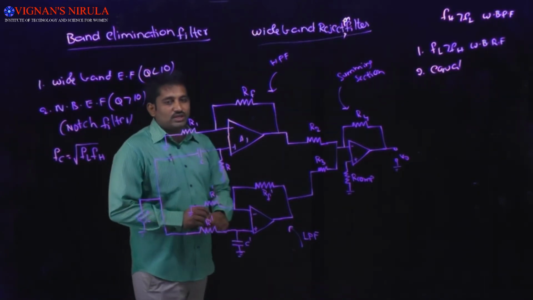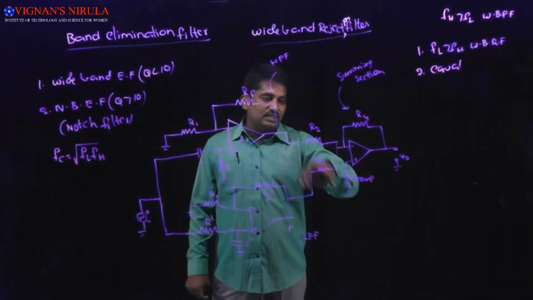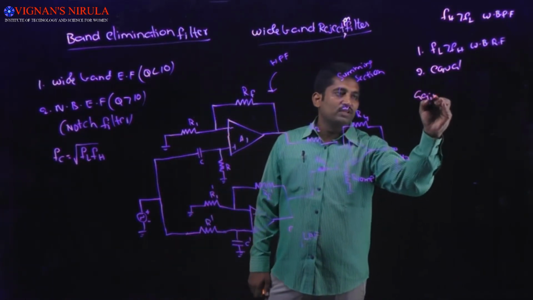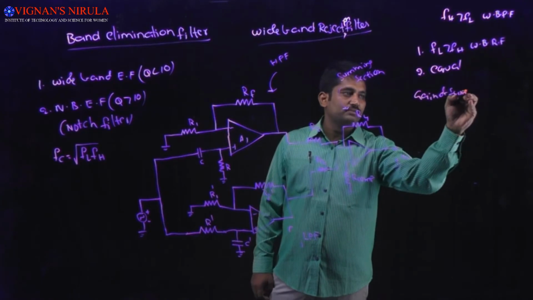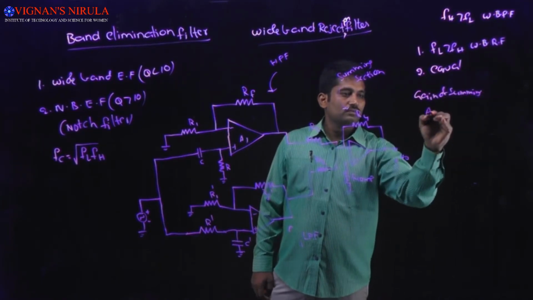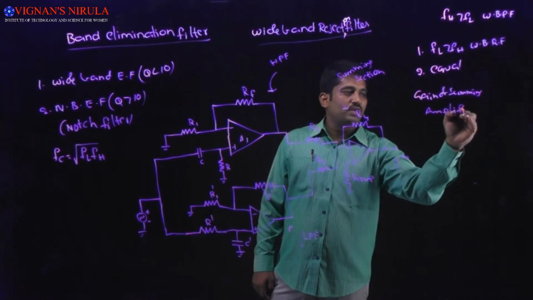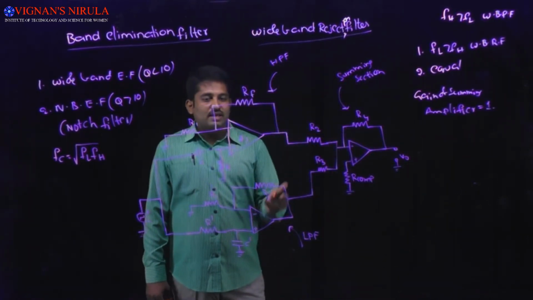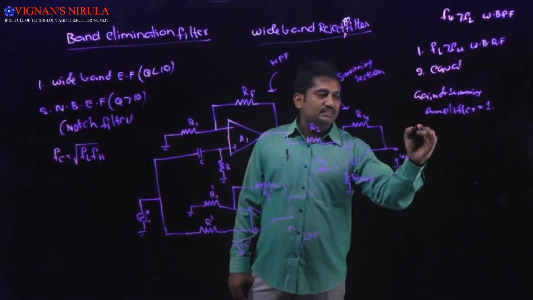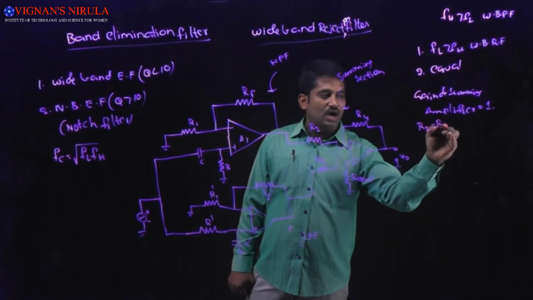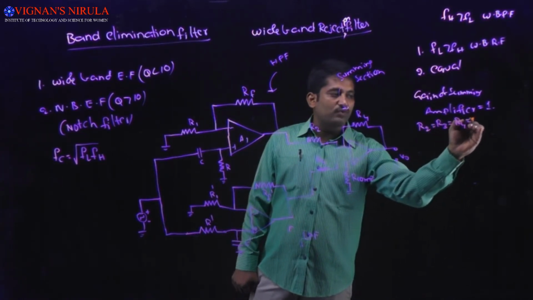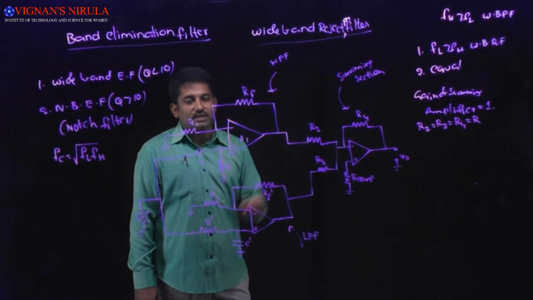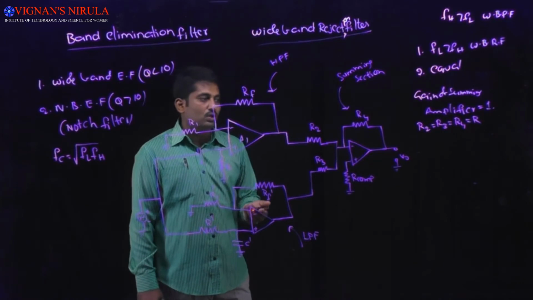And one more thing: here I am treating the gain of the summing amplifier as equal to 1. For ease of calculation, we consider R2 equal to R3 equal to R4 equal to R. If you treat it like this, then automatically you will get the gain equal to 1.